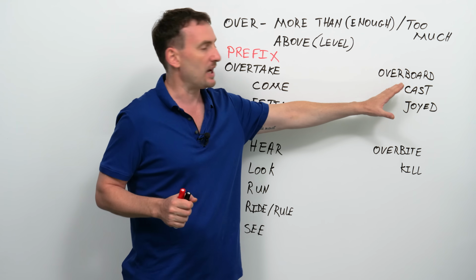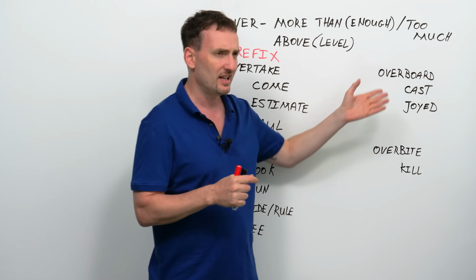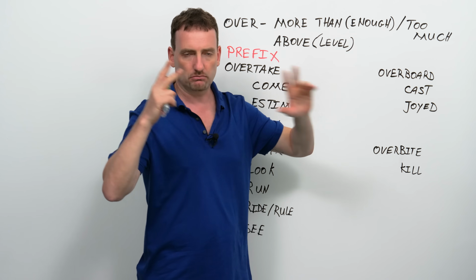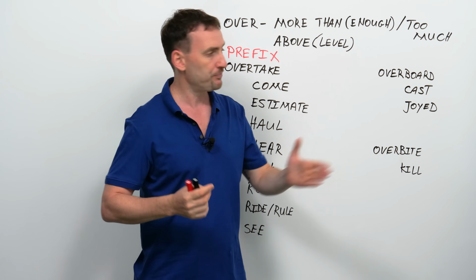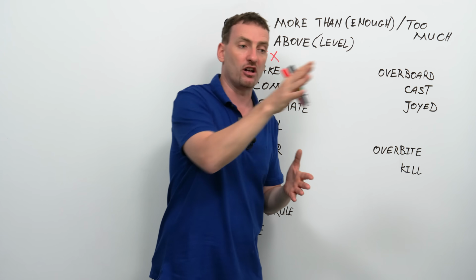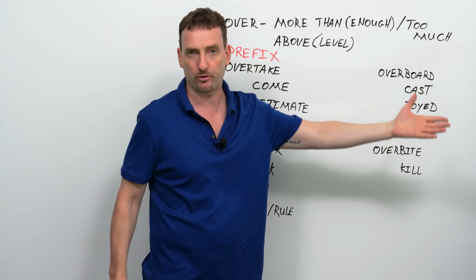Now, sometimes you have adjectives that join two words as well with over, and the meaning is a little bit different. When you're talking about overboard, two meanings. The literal meaning is when you're on a ship in the sea and somebody falls over the side of the ship and into the water, so that person went overboard.